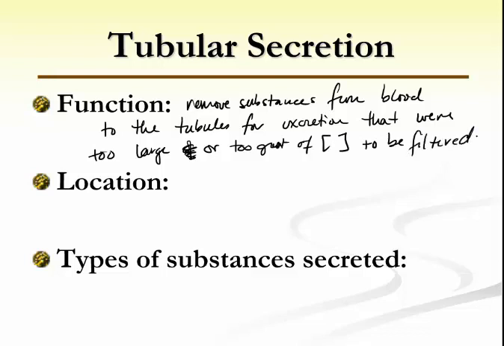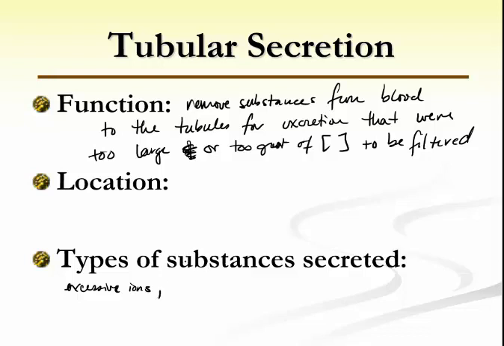So examples include excessive ions. For example, excessive potassium can actually be actively secreted from the bloodstream into the tubular system of the nephron to be excreted.